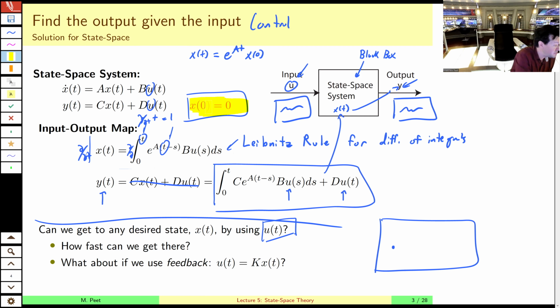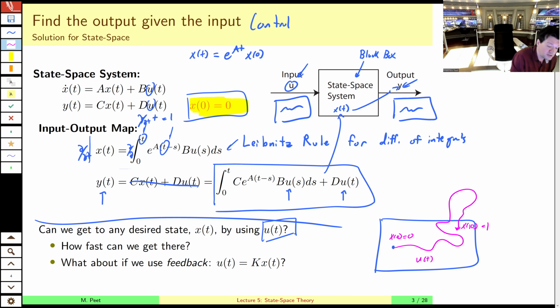So for a given initial condition, x of 0 equals 0 in this case, and for a desired final state, say, a step input, for example, x of 10 equals 1, is there an input, u of t, which will drive us from that initial condition, maybe taking some long path, to our desired state?